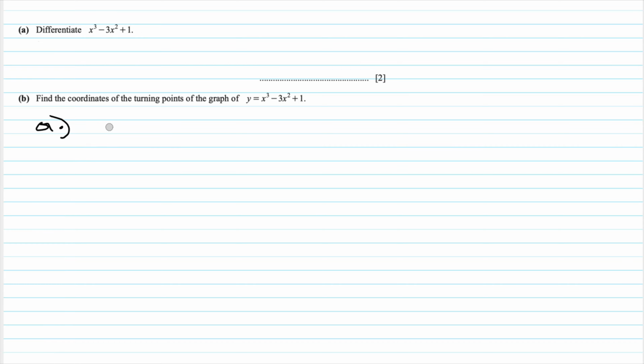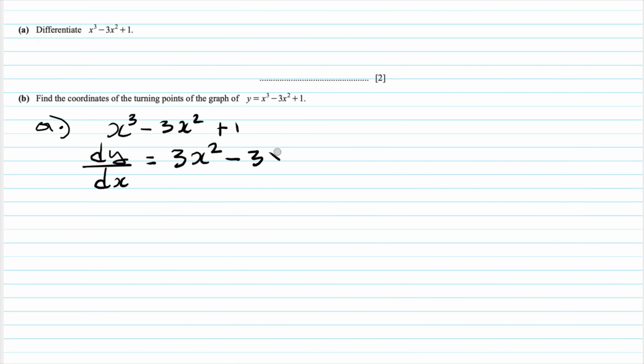So the A part says differentiate x cubed minus 3x squared plus 1. So that is the change in y over the change in x. So this will give us 3x squared, because 3 comes down, minus 3 times 2x plus 1.